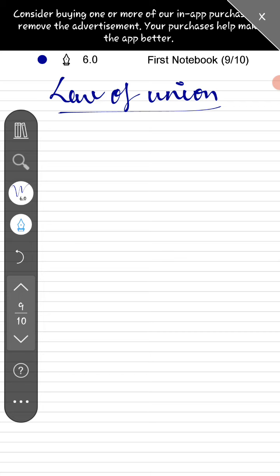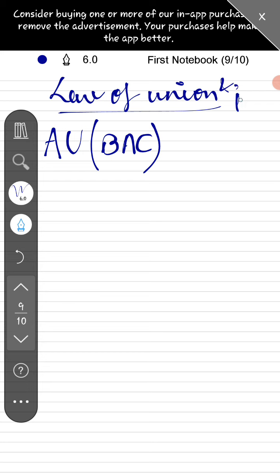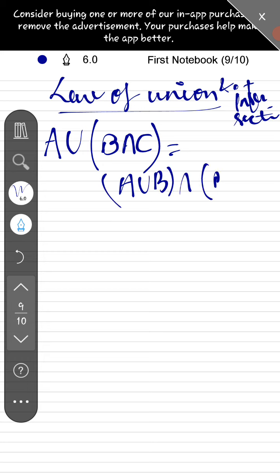Okay, now I will tell you how it is. This means A union B intersection C is equal to, this is also for intersection too, A union B intersection A union C. And this can also be proved by you.